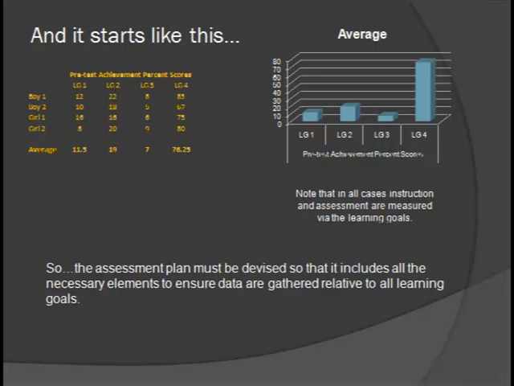And note that this is not a typical grade book looking table, because this is only one test. But the test itself has items on it that represent learning goal 1, learning goal 2, learning goal 3, and learning goal 4. And those are being reported separately here.